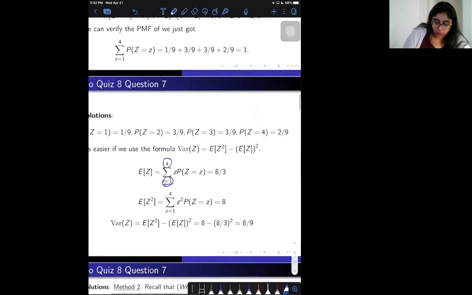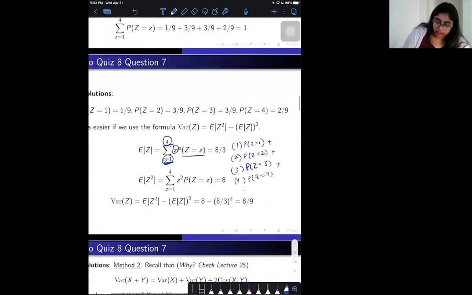Z times the probability of Z. So this will be when Z is 1, we'll have 1 times probability when Z is 1 plus 2 times probability when Z is 2, 3 times probability when Z is 3 plus 4 times probability when Z is 4.